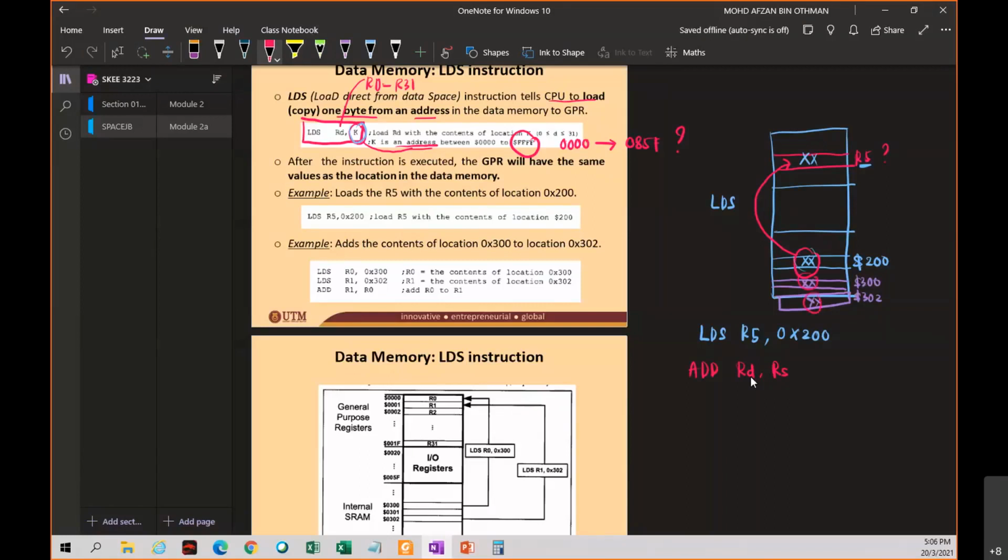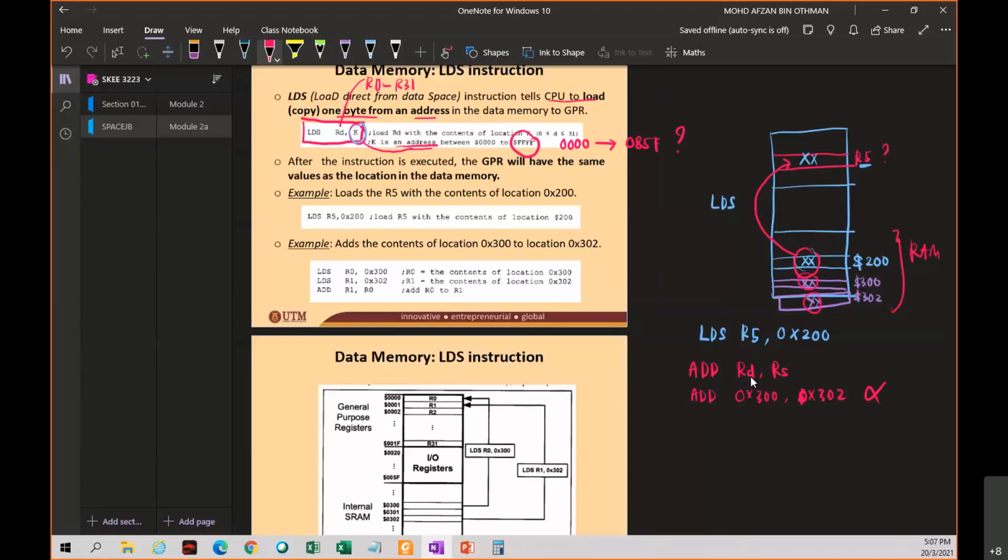Bukan, because this one here is inside of your RAM, not inside of your register. So you cannot simply put something like this, invalid, because this is a RAM address. Dia hanya boleh guna daripada GPR, ADD daripada GPR with a GPR.